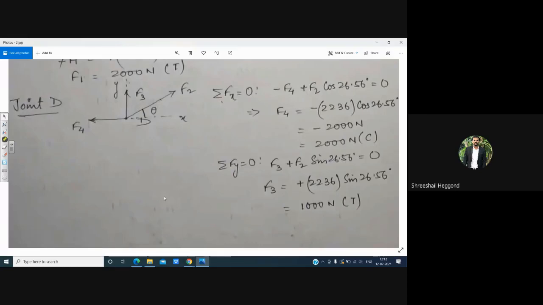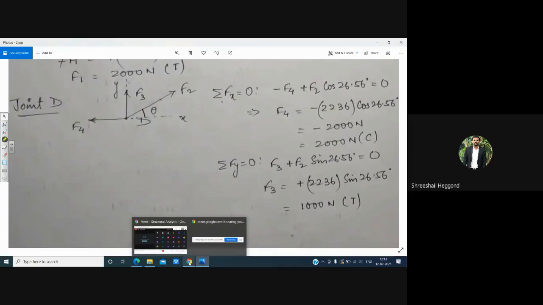F2 is already calculated, 2236. Then you need to calculate F3 and F4. Again, same condition: summation of Fx equal to 0, summation of Fy equal to 0. Write summation of Fx equal to 0. One second.